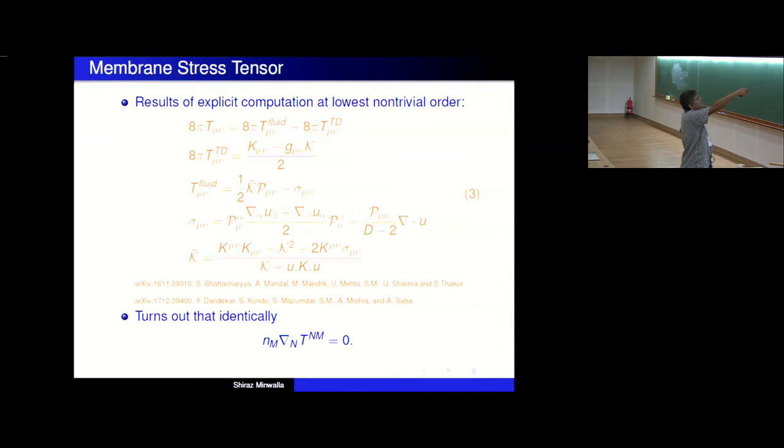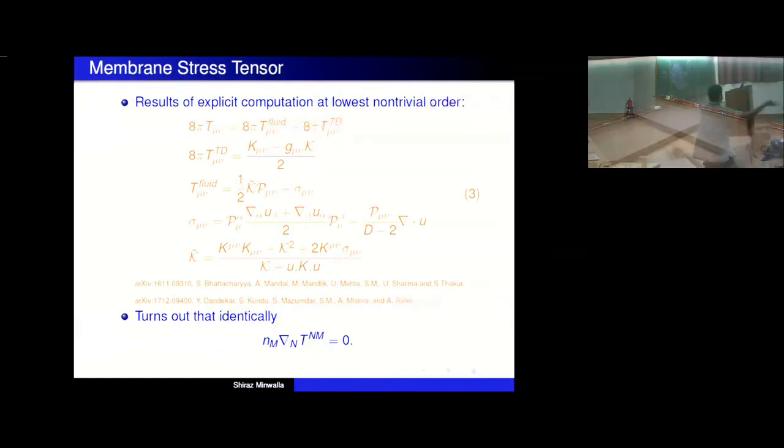The fluid part is the sum of a shear term, so like a viscosity term, and a sort of pressure term. The pressure is a complicated function of the velocities and the extrinsic curvature of the black hole, of the membrane, viewed as a surface in flat space.